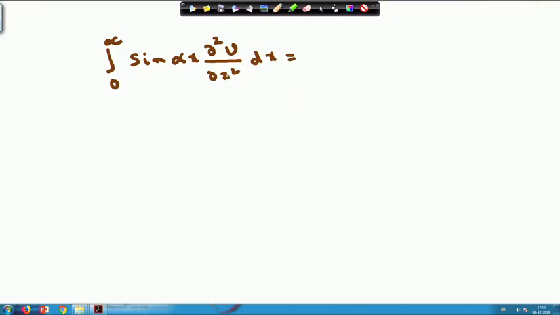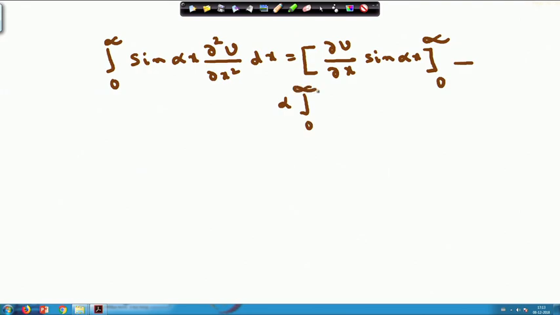If you evaluate this by parts, this will be del v del x into sine of alpha x, with limits from 0 to infinity, minus alpha into the integral from 0 to infinity of cos of alpha x into del v del x dx.